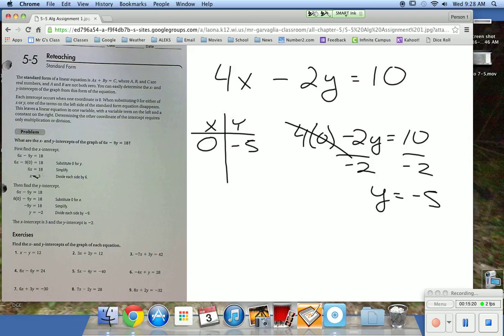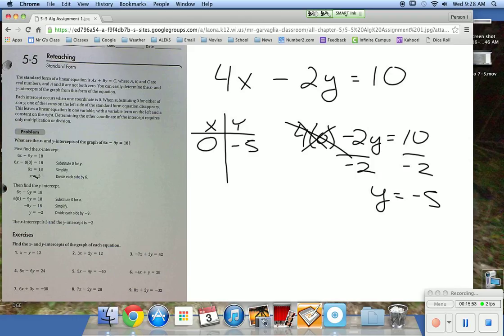Jared, you see what we did there? 0 for x, right? So I replaced my x with 0. And then this just goes away. 4 times 0 is 0. All I'm left with is negative 2y equals 10. Because I'm multiplying these two, I'm going to divide by negative 2. I have to divide both sides by negative 2. And then 10 divided by negative 2 is negative 5. That's where we come from. Okay, see it?